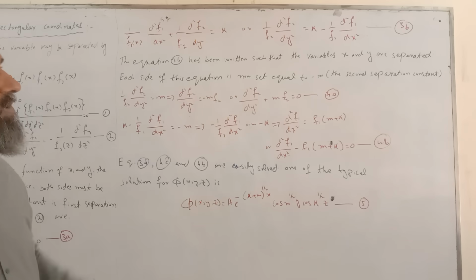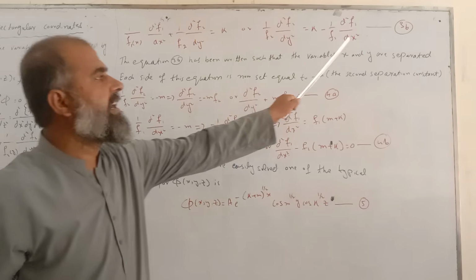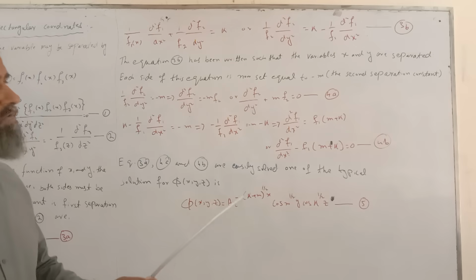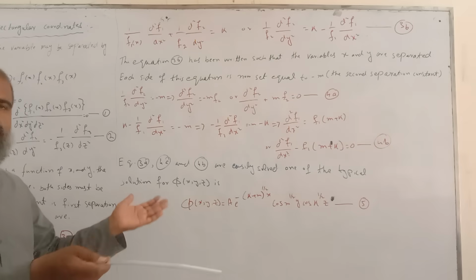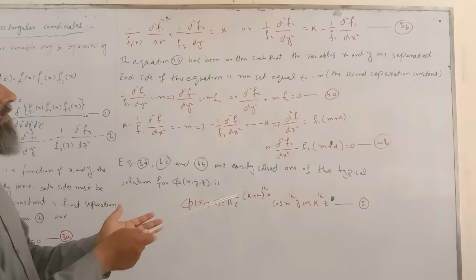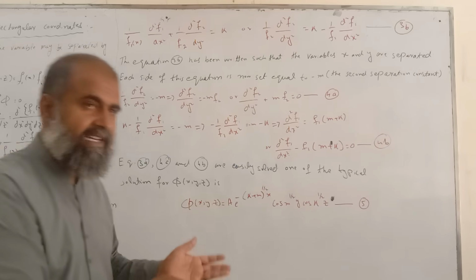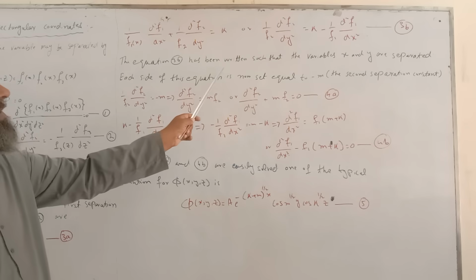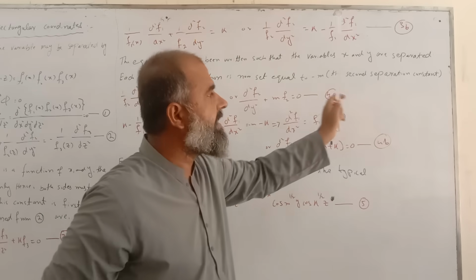So this will be our equation number 3b. This term consists of the y and x variables. Our next task is to separate it into 2 terms, one depending on x and the second on y. So equation 3b has been written such that the variables x and y are separated.